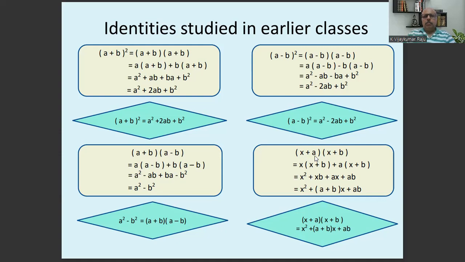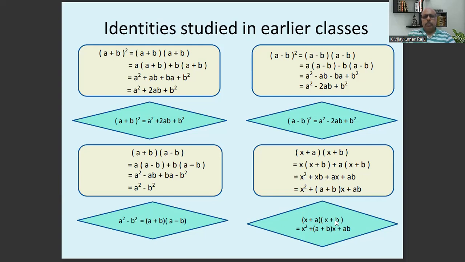Now, for the fourth identity, the first term is the same, and the second terms in both brackets are different. One is a, the other is b. So when you multiply this, x into (x plus b) plus a into (x plus b), that is x square plus xb plus ax plus ab. Now, if you see the middle two terms, you have a common term x. So write x square plus, take out common x; what is left? (a plus b) in the bracket, plus ab.